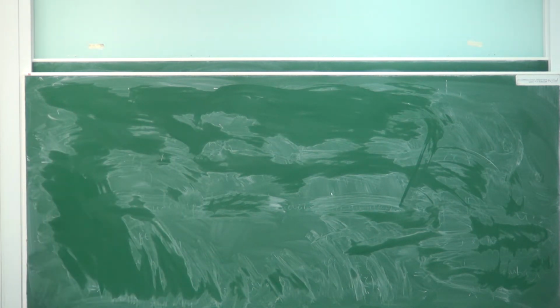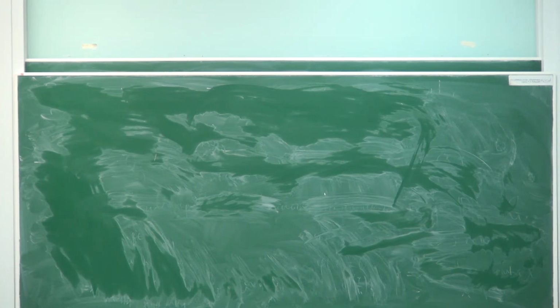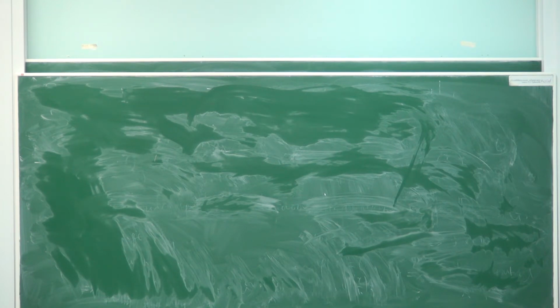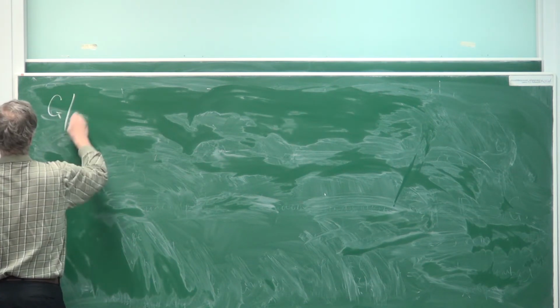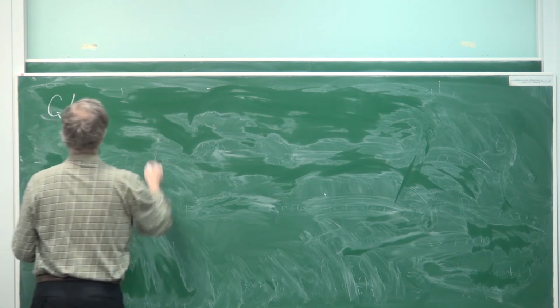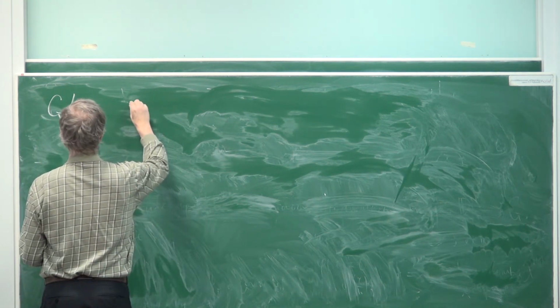Now it is closed, and what do we have also? Consider this quotient. So this group is totally disconnected.